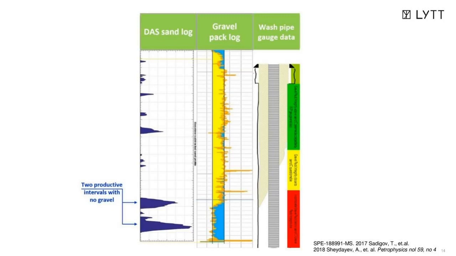If you could monitor a well in real time with the sand log, there's a number of things you can do. To put that in a more descriptive way, here's an example of a well.